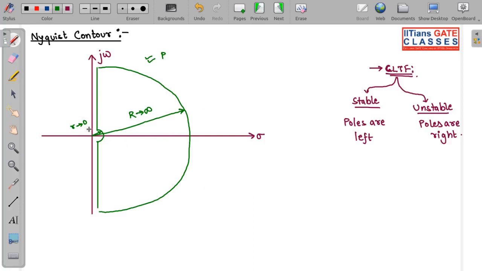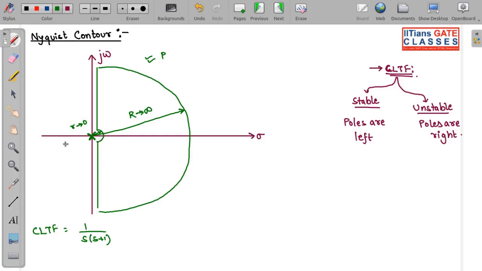But even if we enclose the origin, suppose our CLTF has a transfer function something like 1 by s(s plus 1). Here you can see at origin we will have one pole. If we didn't have the small semicircle, this pole would be covered inside this contour, and we will get an erroneous result. Why?